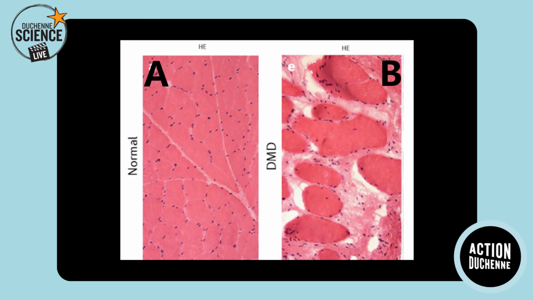On the left-hand side, we've got the image labeled A. On the right-hand side, we've got an image labeled B. So image A is from a non-dystrophic muscle. It is from someone who does not have Duchenne muscular dystrophy. Now we're looking down at the cross-section of the muscle biopsy that was taken. And you can see on the left-hand side these little circles. These are cells.